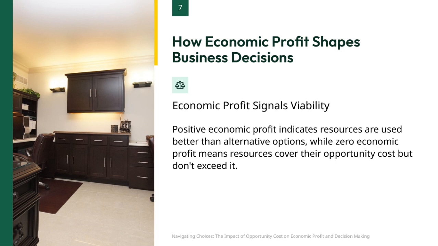They're not creating extra value, but they're not losing it either. Essentially, this balance reflects a stable point where the business is viable, but not generating additional economic gains. Understanding this concept helps managers evaluate whether continuing, expanding, or changing their strategies will lead to better outcomes. The image of the balance scale perfectly illustrates this equilibrium, emphasizing the importance of weighing costs and benefits carefully in decision-making.